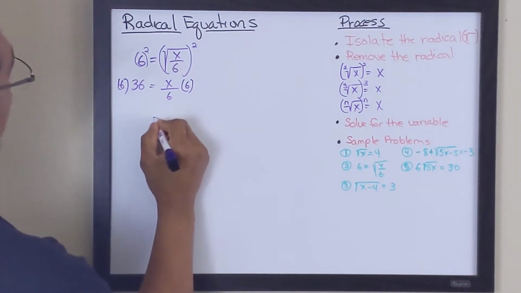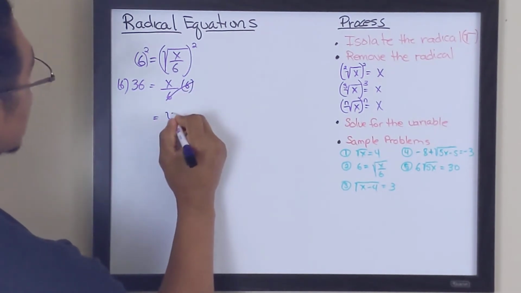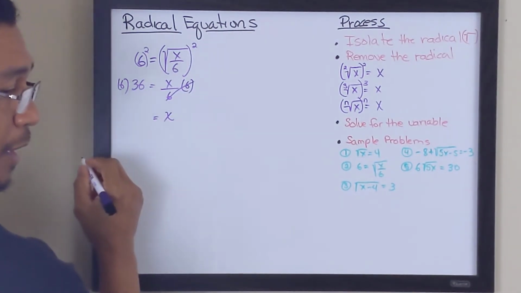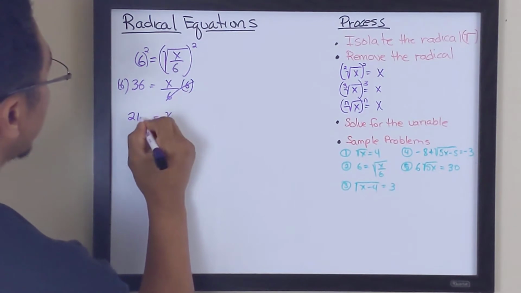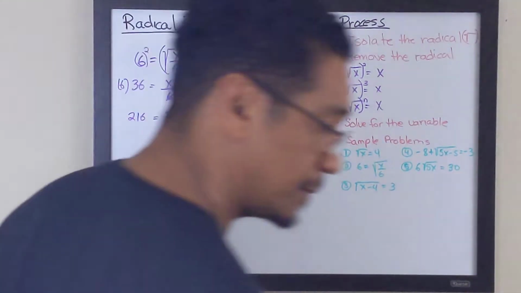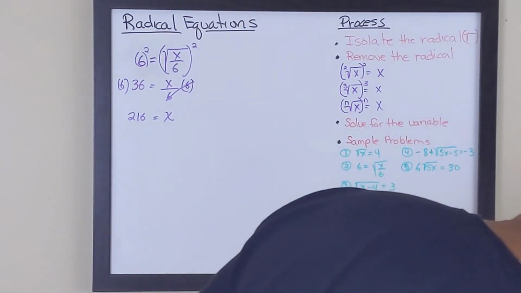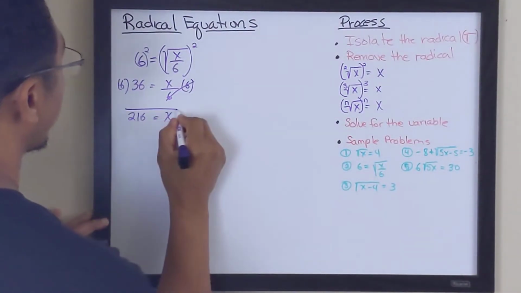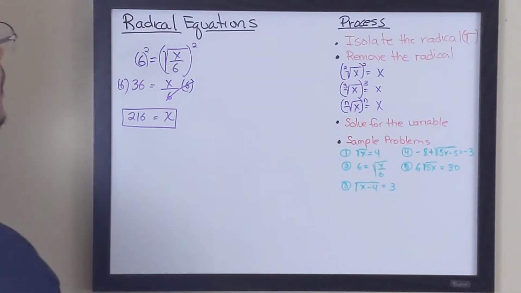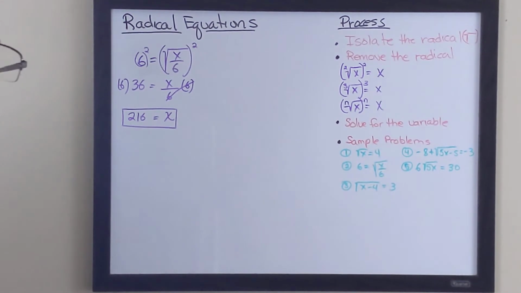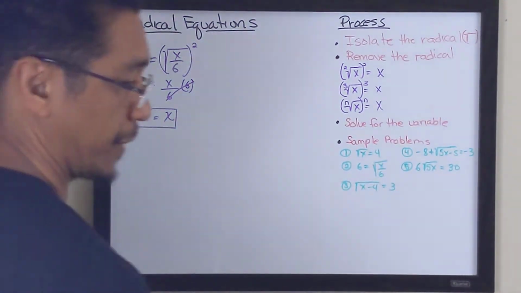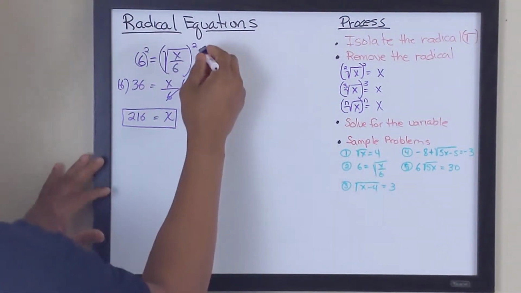And this will cancel, this will give us x equals, I believe it's 216. Yes. So this is our answer for this problem. Alright, so let's move on to example number 3. We'll go ahead and erase this.